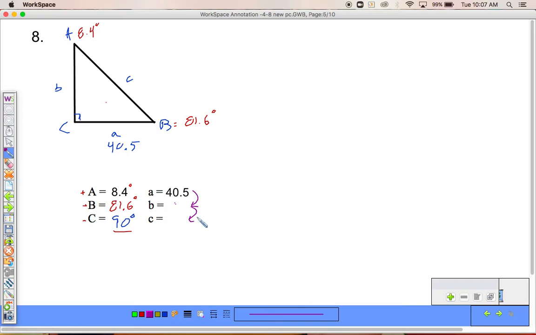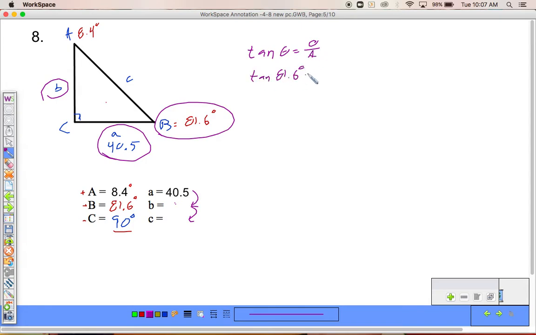All right, how you do these is up to you. So for me to find B, I'm just going to use B, no reason, just because. So in relation to angle B, side B is opposite, and I have adjacent. So I'm going to go the tangent of theta is opposite over adjacent. So the tangent of 81.6 degrees is B over 40.5. I'm going to go to some device, do my math.